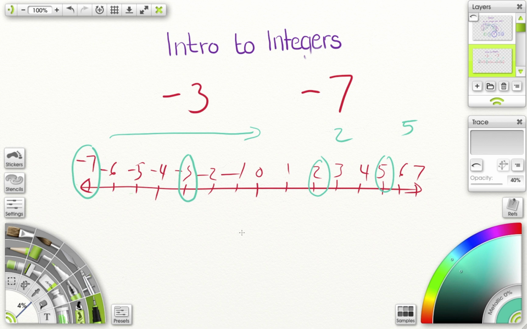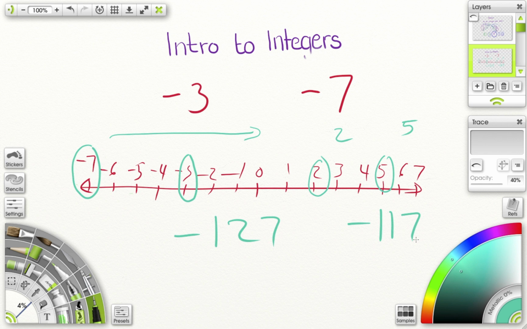However, what if you're dealing with really big numbers, like -127 and -117? I'm not going to draw a number line all the way up to 127. It takes way too long, and there's no way to have a long enough piece of paper to do it.